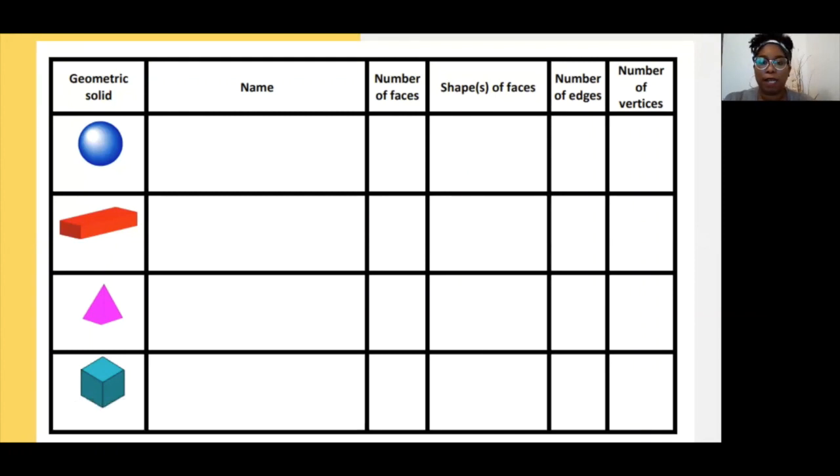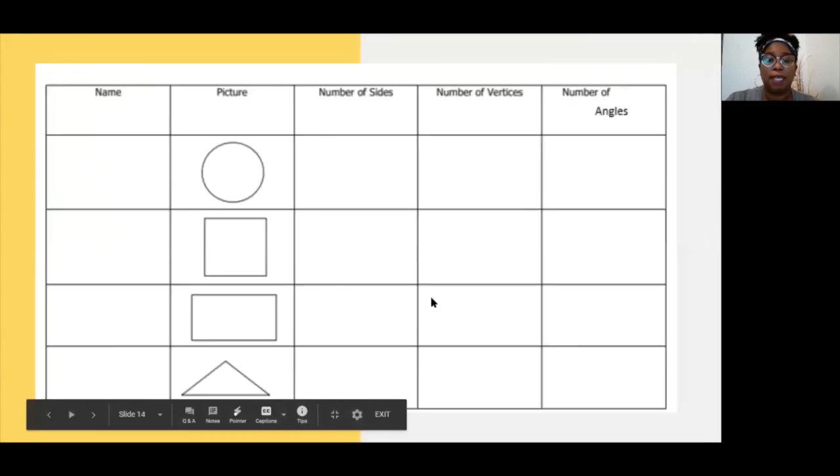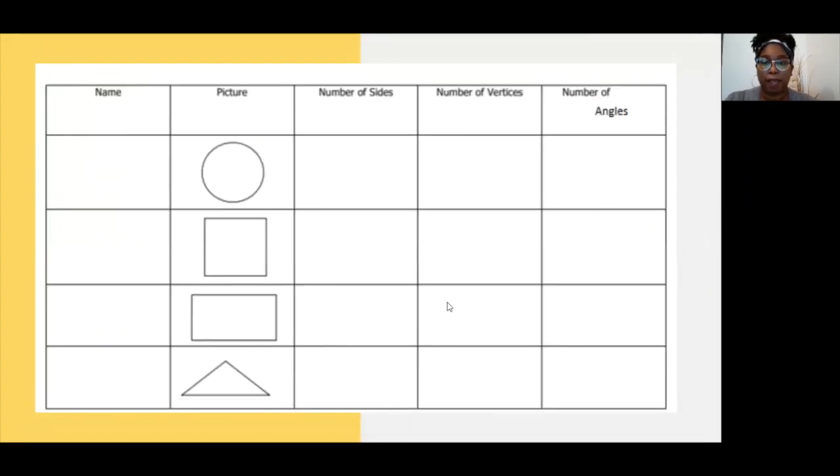Don't worry if you're unable to print or copy the chart exactly as you see it. Just use your paper and your pencil to complete as much of the information of the chart as you can. Here's the chart for the solids. Here is the chart for the plane shapes, okay? So your job will be to complete as much of the information as you can.